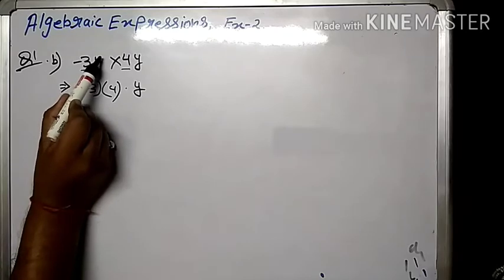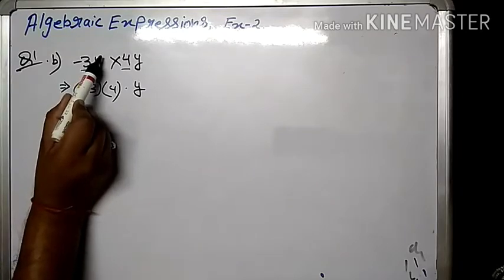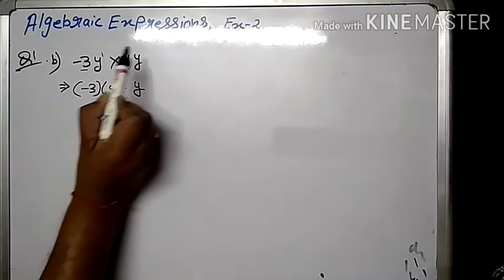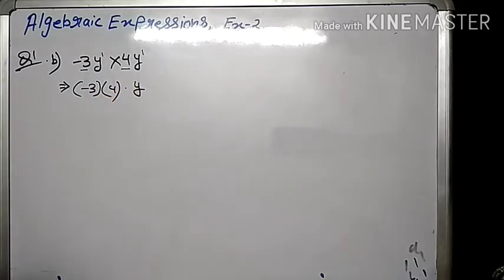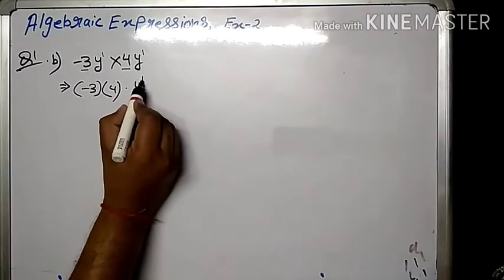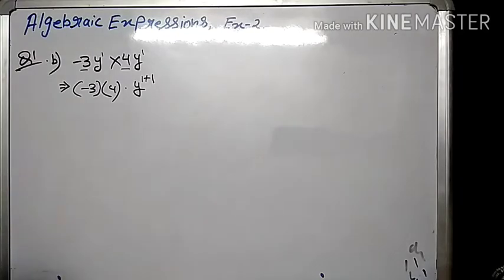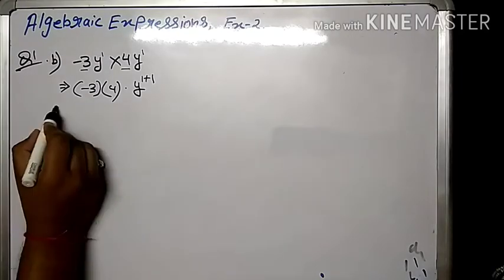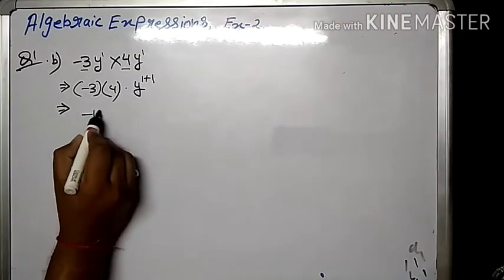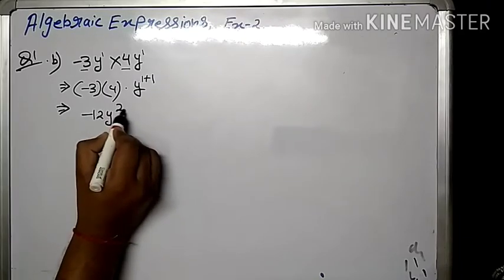Suppose when there is no power on any variable term, we assume it as 1. Okay, so now how many powers will be added on y? That is 1 plus 1 is equal to minus 12 y to the power 2.